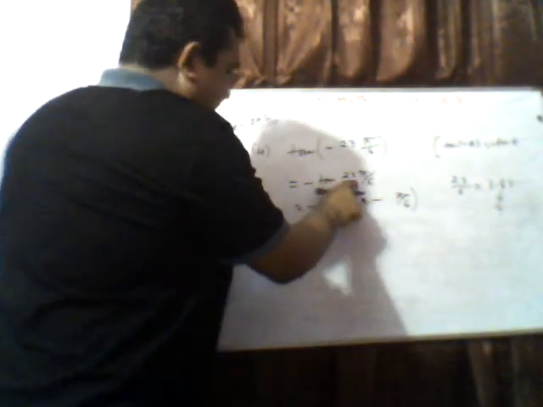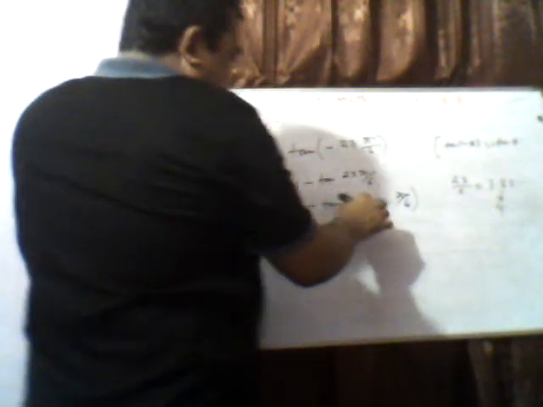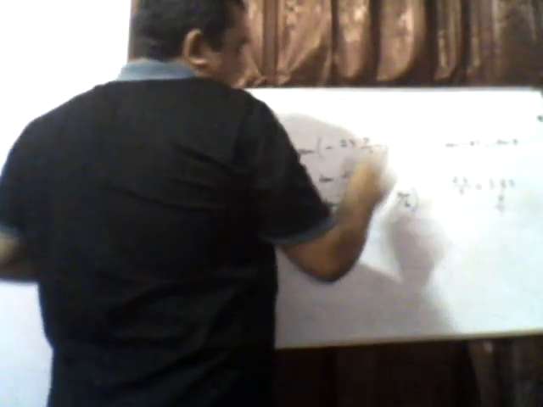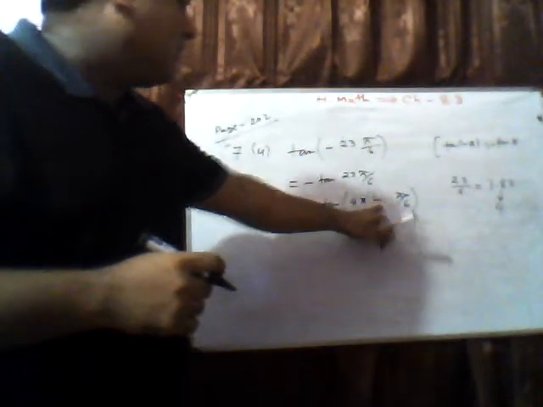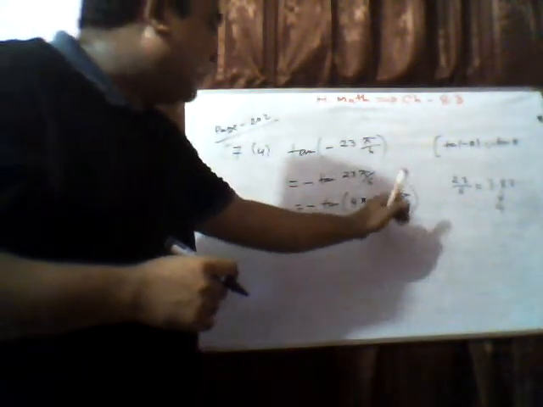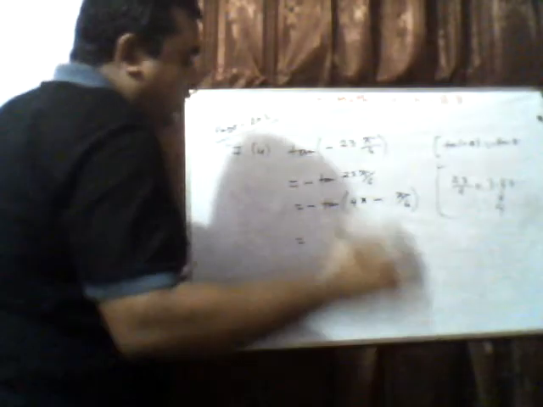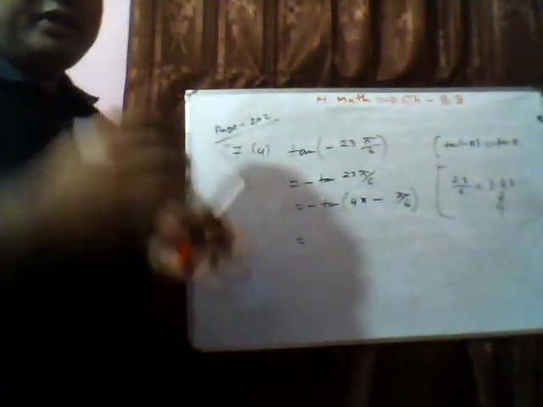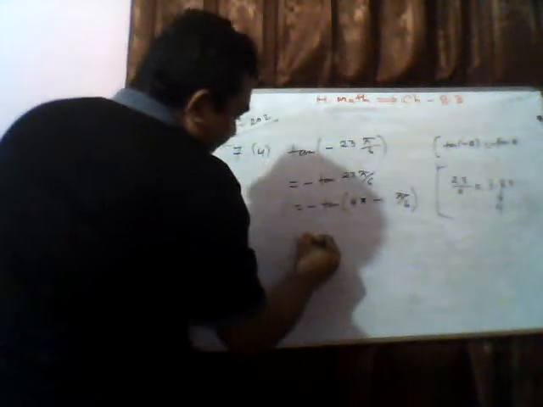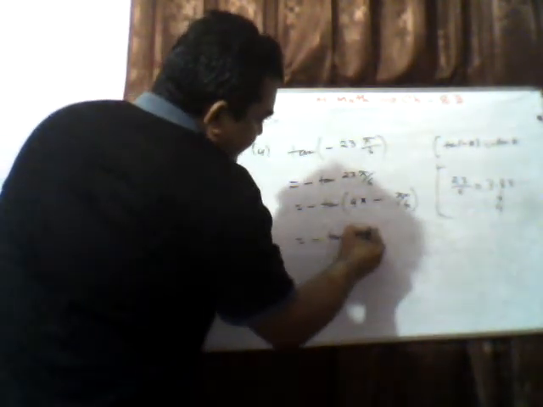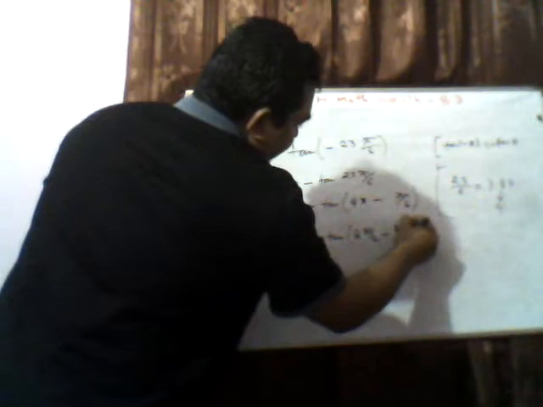That means 23; if we add, then we get 25. So we can write with sign minus. Here is the 25, then we can write plus. So we get 4π. We convert first into nπ/2 ± θ. Then -tan(4π), that means 8π/2 - π/6. Here 4π equals 8π/2.